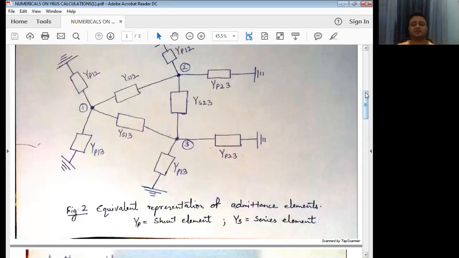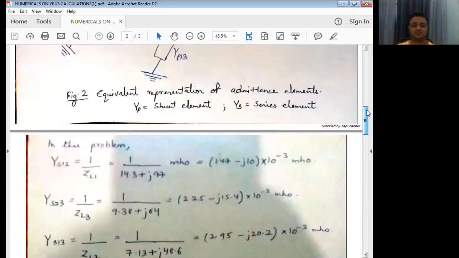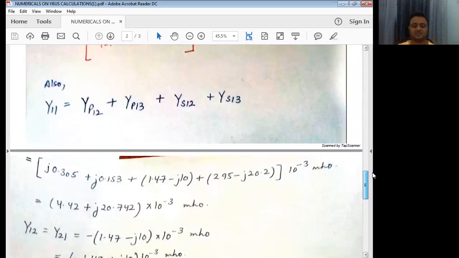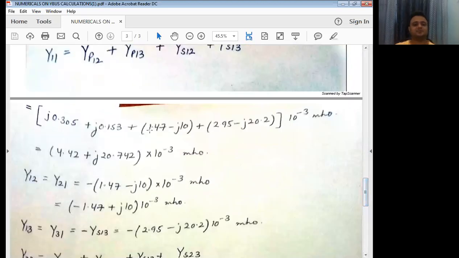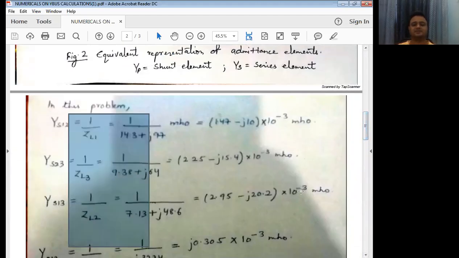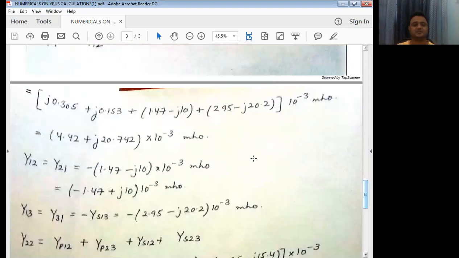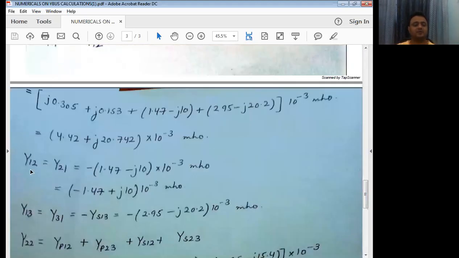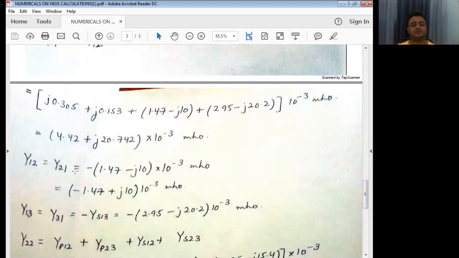Y11 is known as self admittance. Self admittance is connected across four series and shunt admittances. So just substitute the values which we had calculated here. These values we had calculated here. Just substitute these values with this. We get this. So Y12 equals Y21 equals negative of the series admittance. This formula we have also noticed in our theoretical derivation by framing the Y bus.